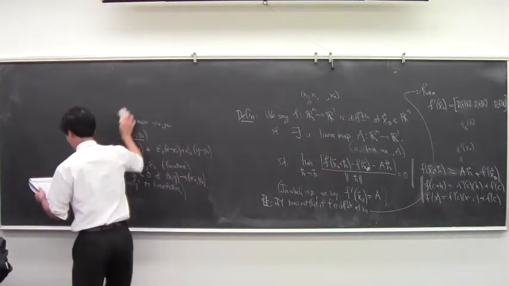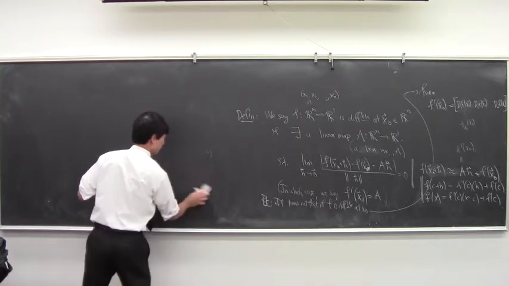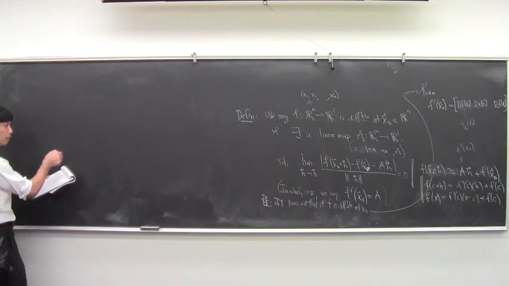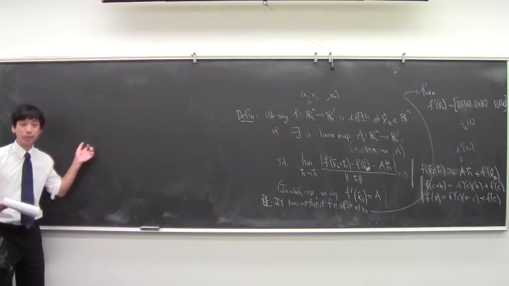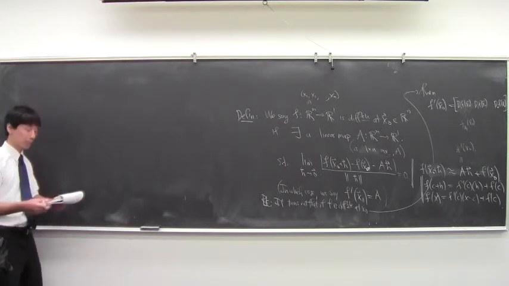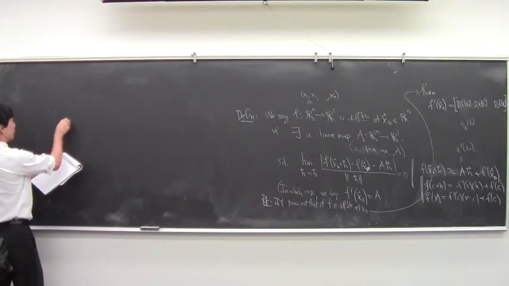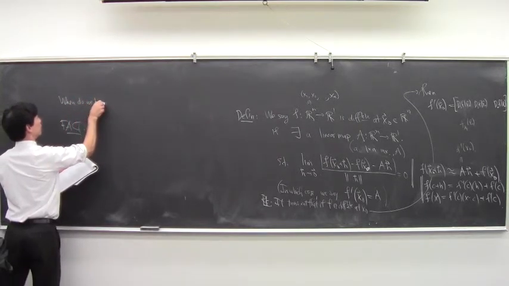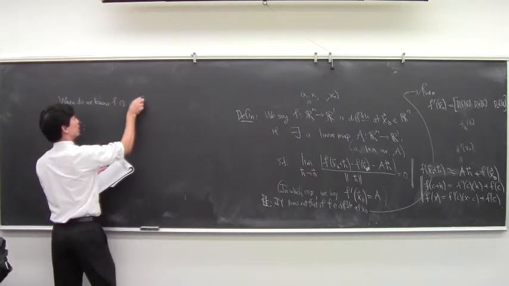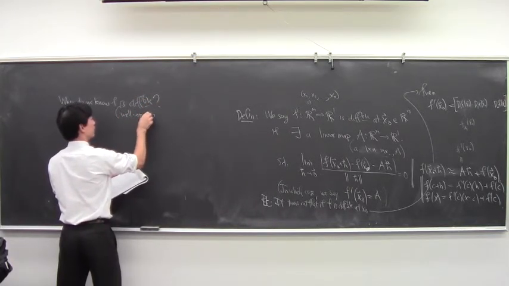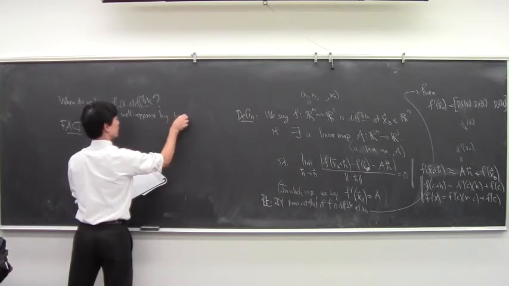So let me give you one thing that will be useful. Your question should be, well, when do we know a function is differentiable? When do we know a function is well approximated by its tangent plane? In other words, well approximated by its linearization.